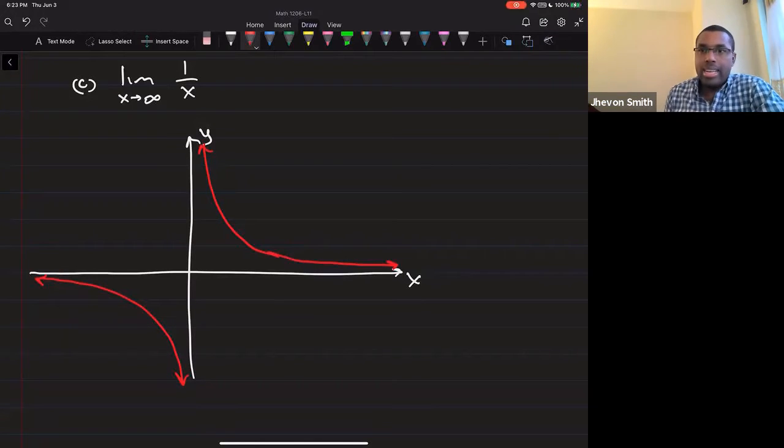So here we're just looking as x goes to infinity. We're just getting bigger and bigger and bigger. We just keep going that way, right? So as x approaches infinity, right?